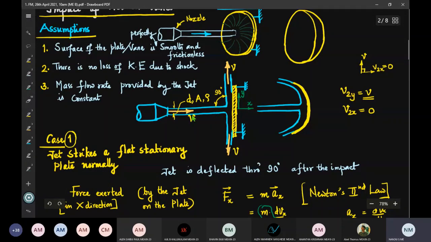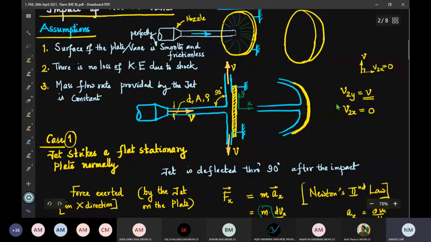See, what is the velocity of the jet in the x direction before impact, before collision? At the time of impingement, it is v itself in the x direction. But after striking, please understand, the jet is deflected through 90 degrees and it moves in the vertical direction, not in the horizontal direction. So what is the velocity v2x?